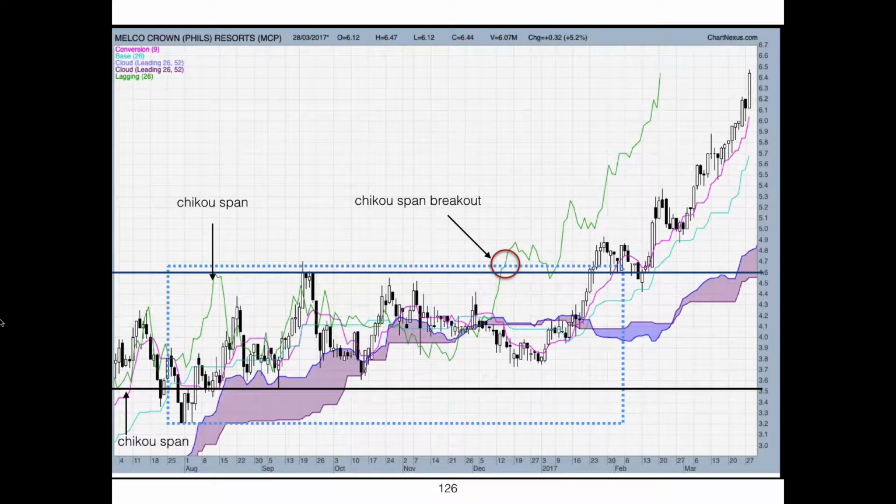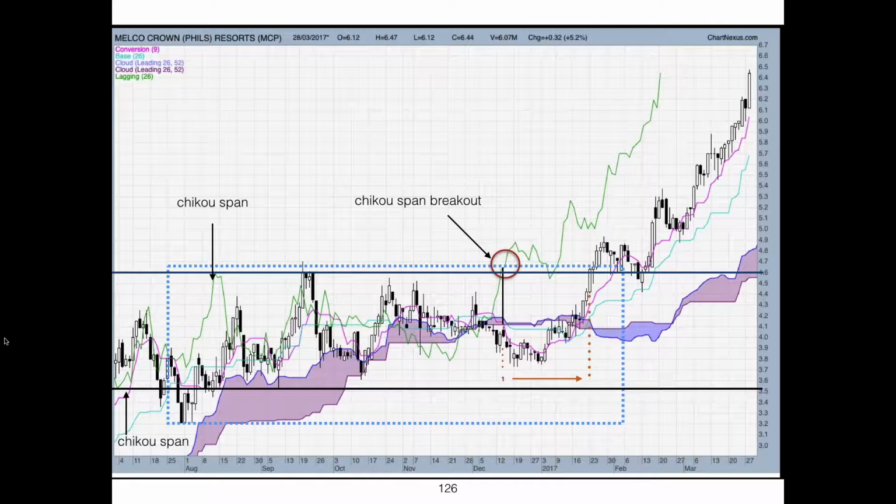The Chikou span represents prices 26 periods back, so we count forward just to reverse engineer to know at what price MCP was when the Chikou span crossover happened. This was this candlestick. 1, we count 26 forward.